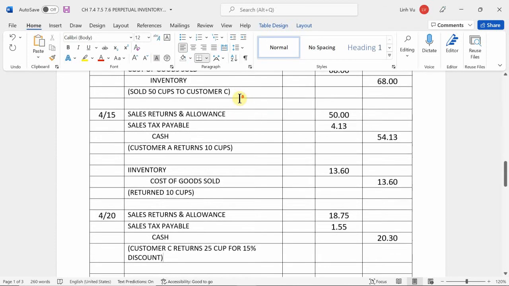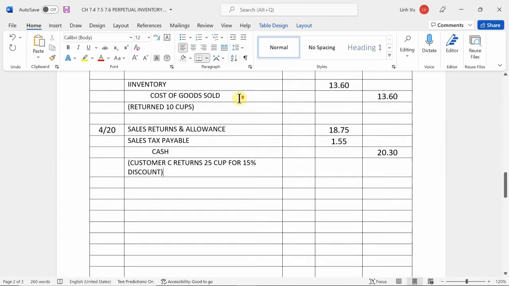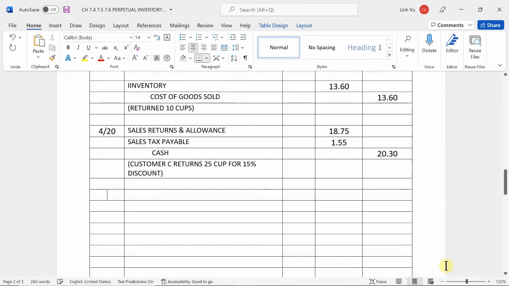So how should my journal look? Is it sales return and allowance? Customer B is not returning any of the items. He's just paying for what he owes.